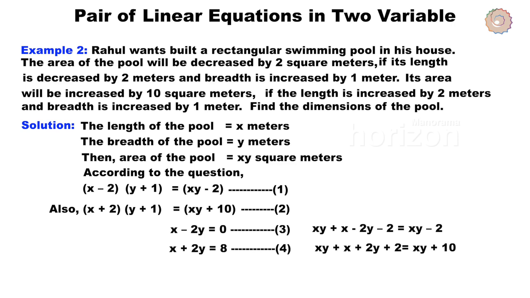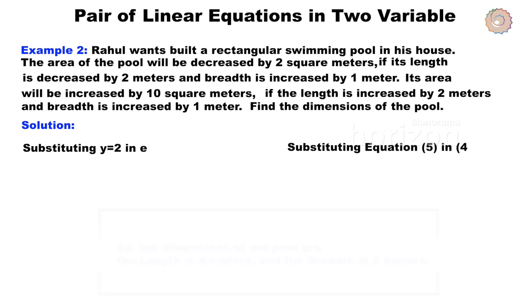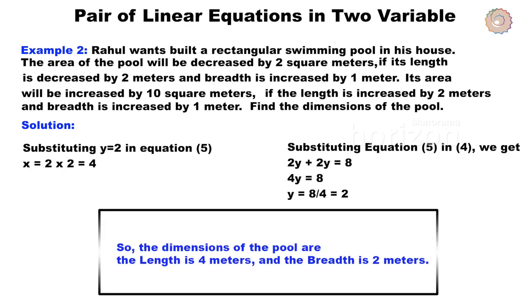Let's consider these as equations 3 and 4 respectively. Now these two equations are a pair of linear equations in two variables x and y in their standard form. So we can solve them to get x equals 4 and y equals 2. So the dimensions of the pool are: the length is 4 meters and the breadth is 2 meters.